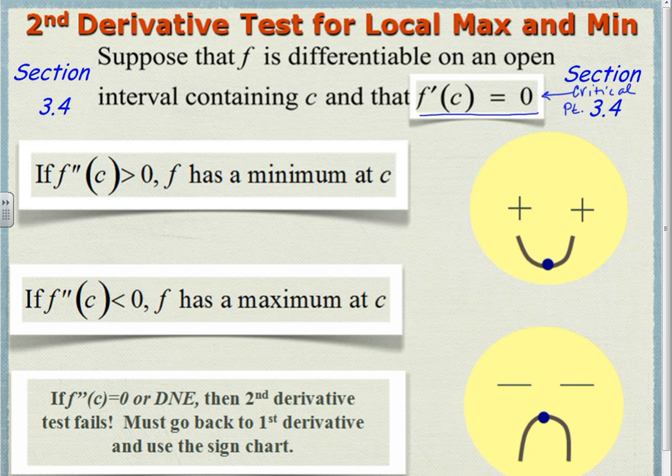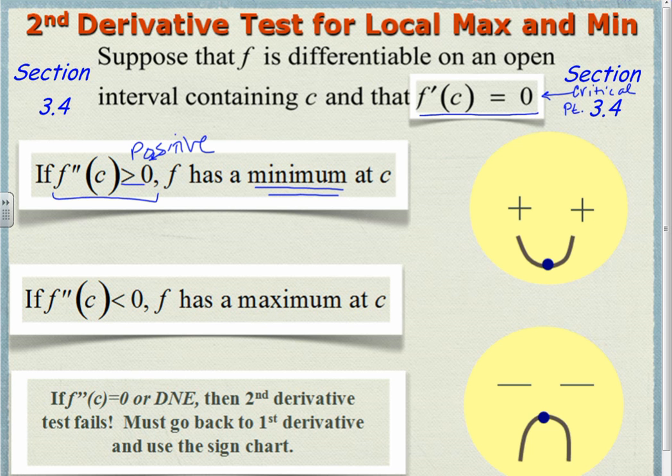If the second derivative is greater than 0, in other words the second derivative is positive, then f will have a minimum at c. The original function will have a minimum at c. Why does that work?